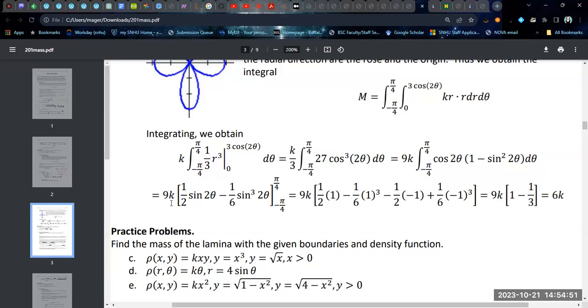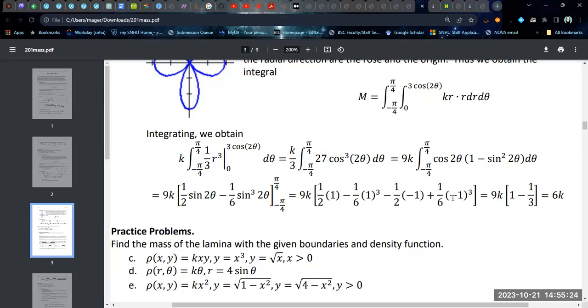And if I complete the integration with my substitution, then I will end up with, distribute this sine 2 theta, and then this becomes 1/6 sine cubed 2 theta. There's a 1/3 from the u cubed, and then there's an extra 1/2 from integrating the sine 2 theta. And then we plug in our limits, and again, you can treat this symmetrically, double it and go from 0 to pi over 4.